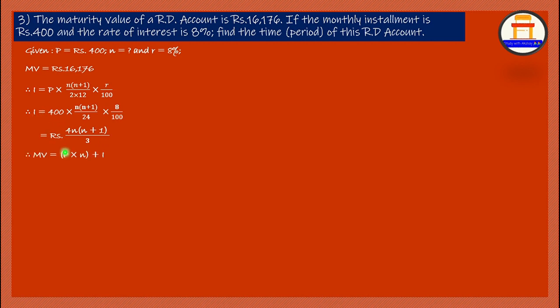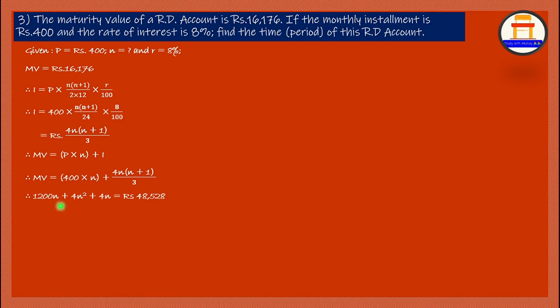So maturity value is principal into n plus I, that is 400 into n plus 4n of n plus 1 by 3. So we have got a quadratic equation, where the highest power of the variable is 2.